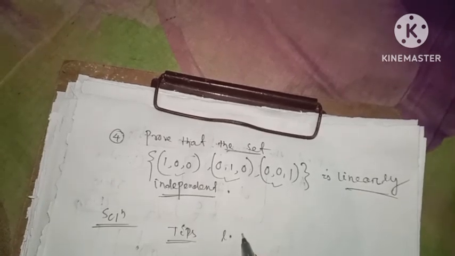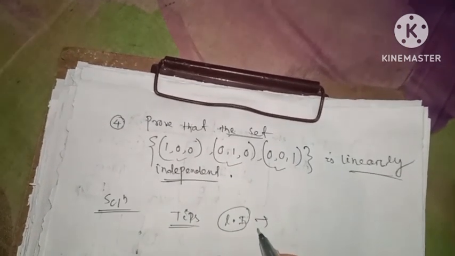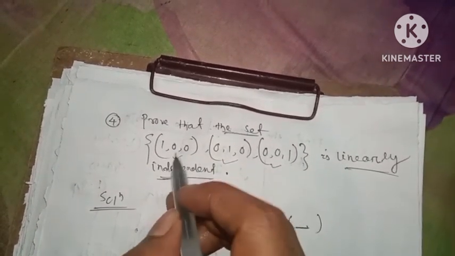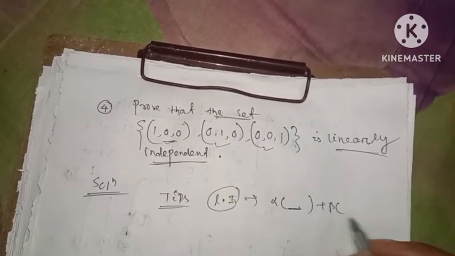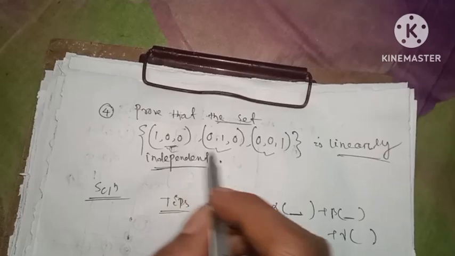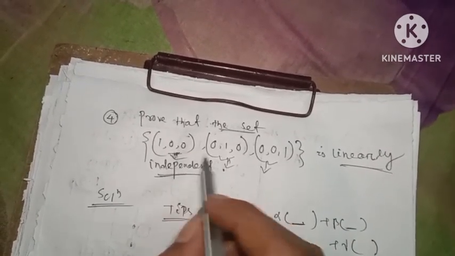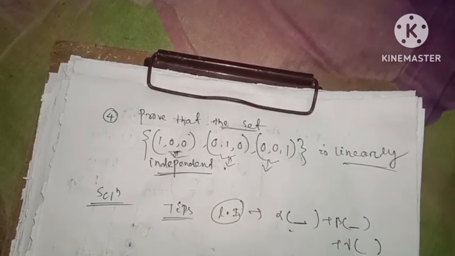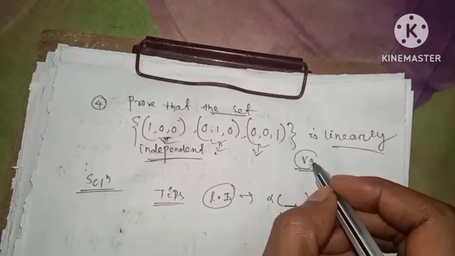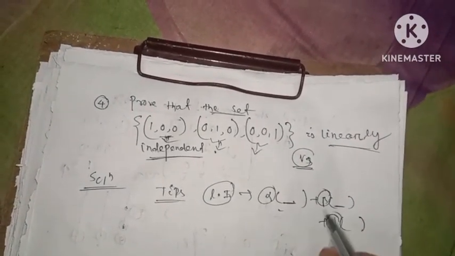First, linear independence, L.I. A set is said to be L.I. when alpha into this vector plus beta into this vector plus gamma into this vector, because there will be three vectors in V3 over R. So there will be 3 scalars, alpha, beta and gamma.